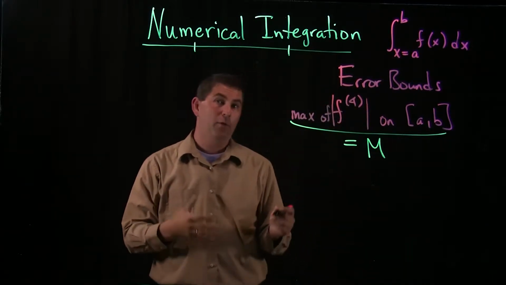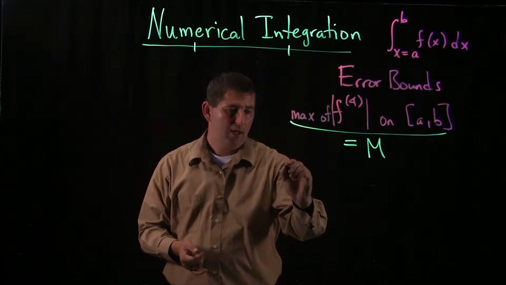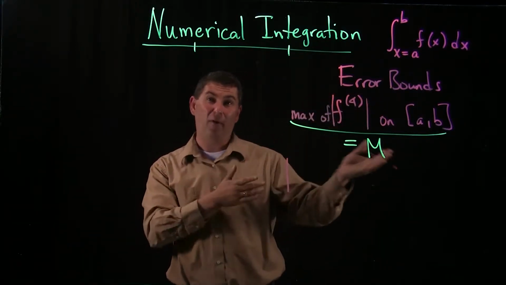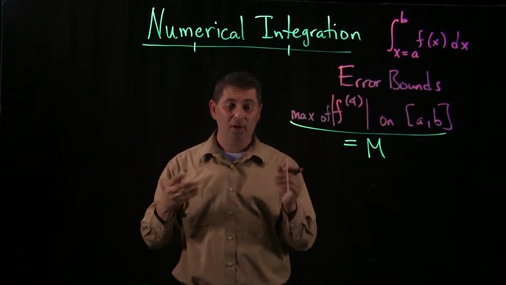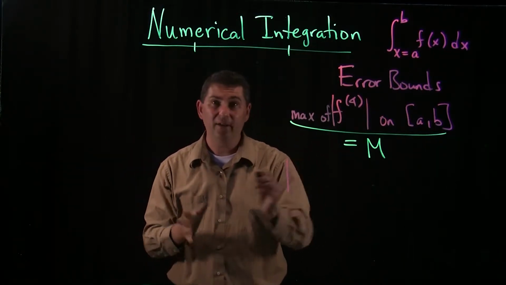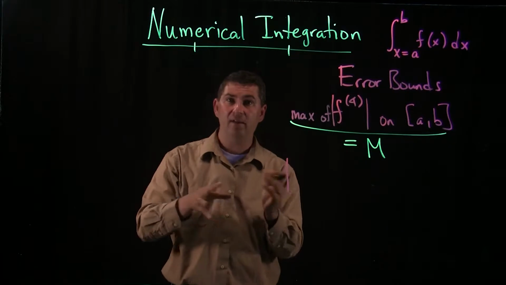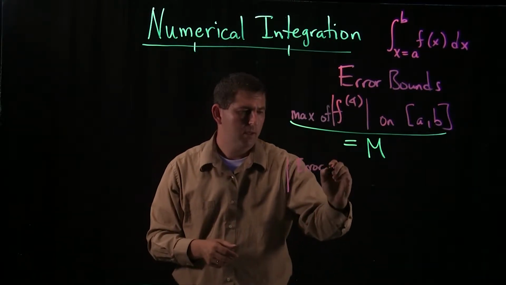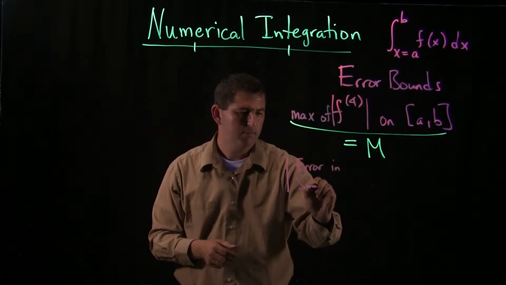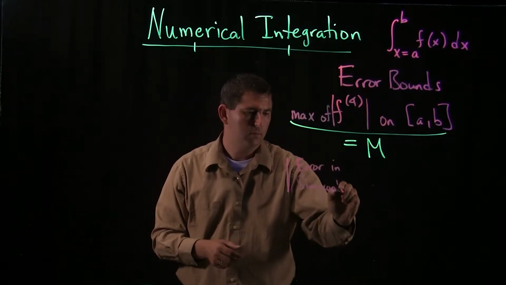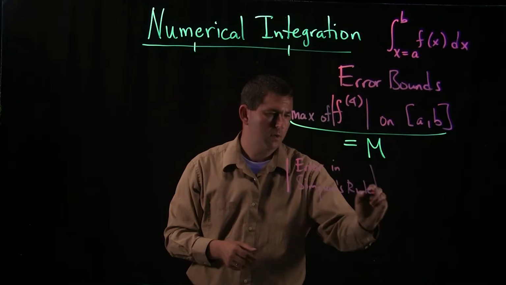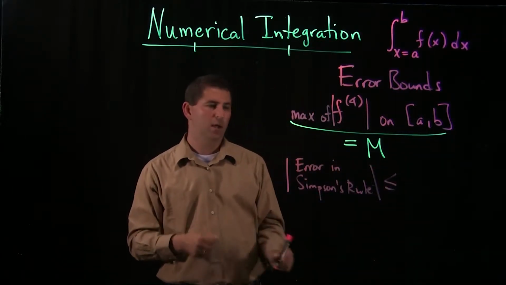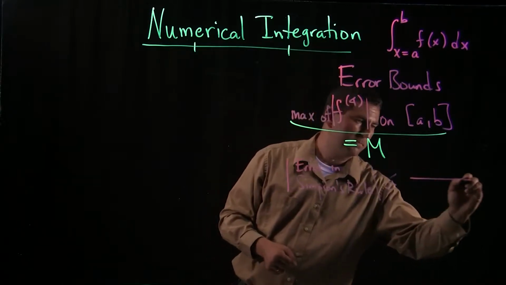So the rule is going to be this. When it comes to error, I only care about how far away it is, not in which direction it is. So I'm going to use absolute values so that I don't have to worry about positive or negative error. The error in Simpson's rule is going to be bounded by, so less than or equal to, a fraction.